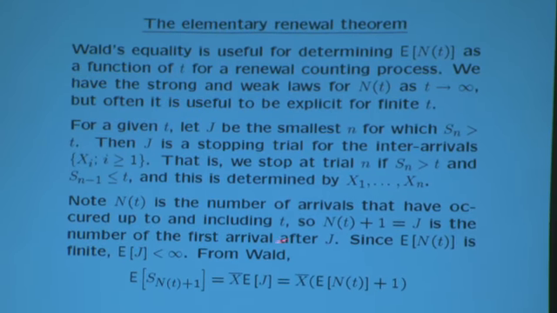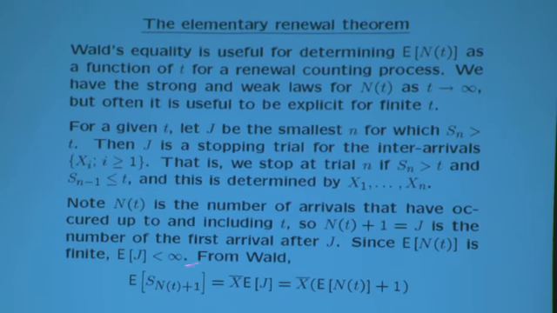Okay, so now we want to apply Wald's equality to the expected value of the time at which N of t plus 1 arises. Do you see now why we want to call this a stopping trial instead of a stopping time? If you called it a stopping time, you wouldn't know what you were doing at this point, because a stopping trial says you're looking at the first arrival that occurs after time t.